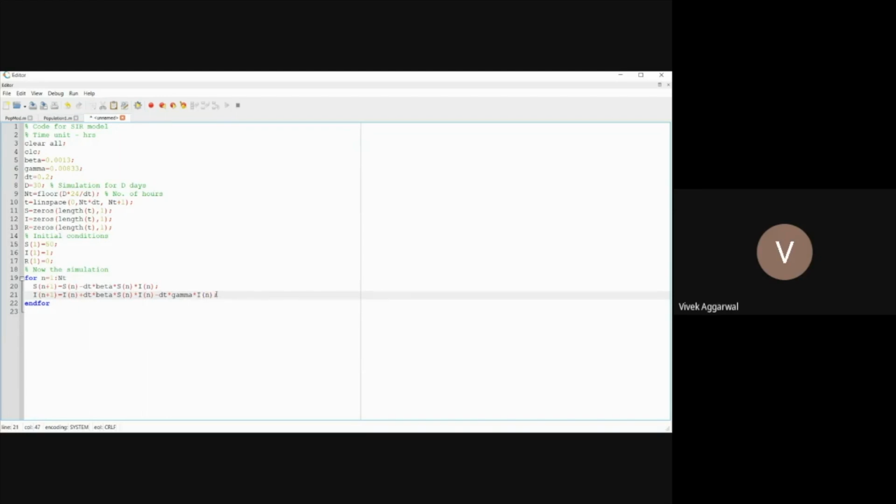That gives you the value of the infected people at any nth step. And this is the recovered people I'm going to define. So R n plus 1 is equal to R n plus dt star gamma star I at n.